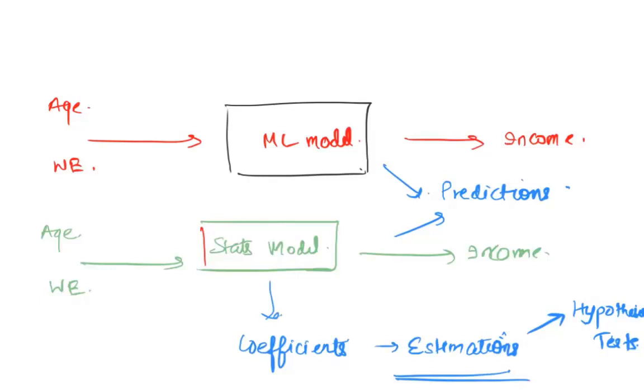But the machine learning model will not tell you how it does it. A statistical model works with much simpler functional forms, and it tells you how it does it, by giving you the coefficients and estimating those coefficients. As compared to an ML model, which does not tell you anything. It just gives you a value for the income, without telling you how it got to that value.